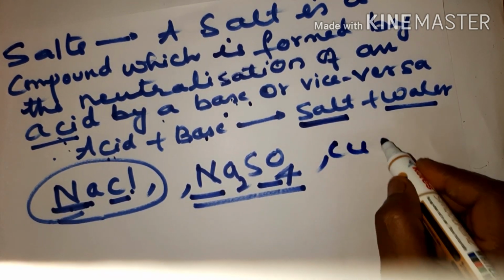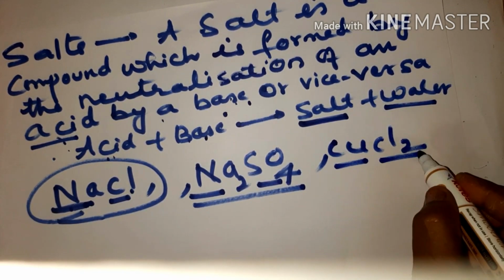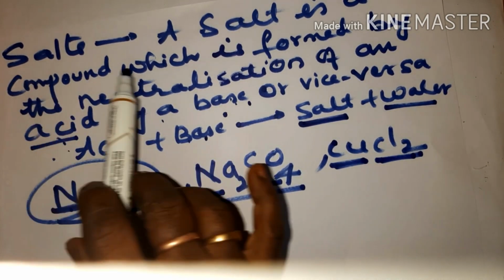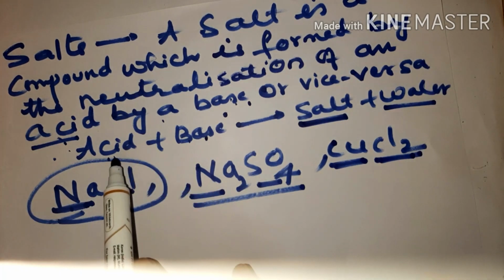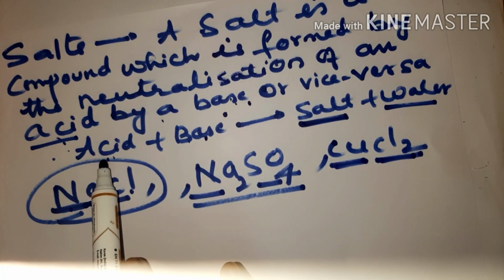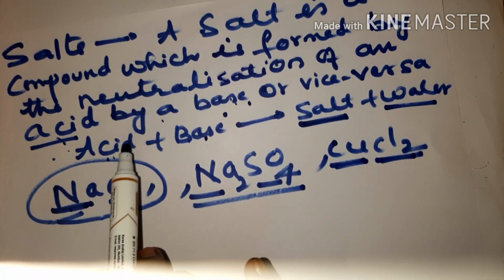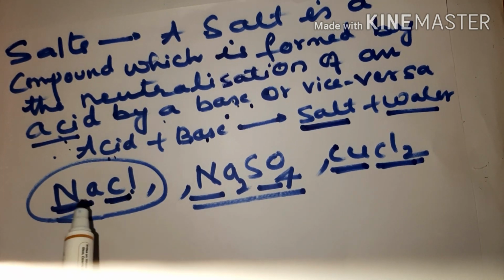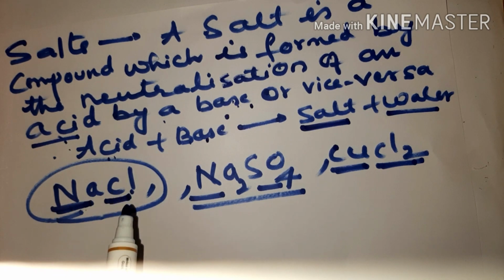You can have CuCl2, copper chloride. So what is a salt? Salt is a compound formed by neutralization of an acid with a base or a base with an acid. And always remember, salt contains a metal and a non-metal.